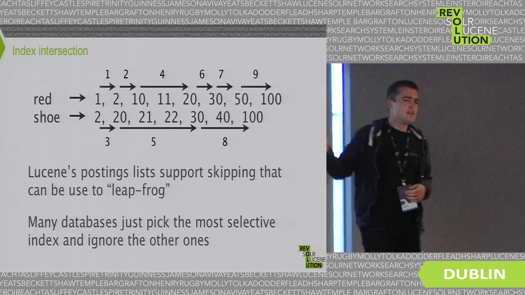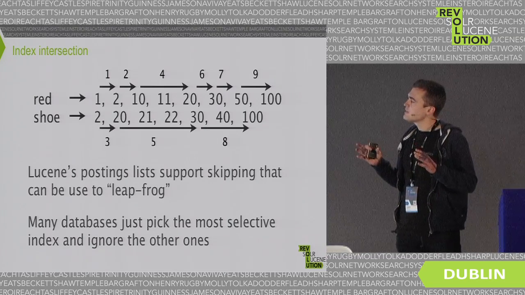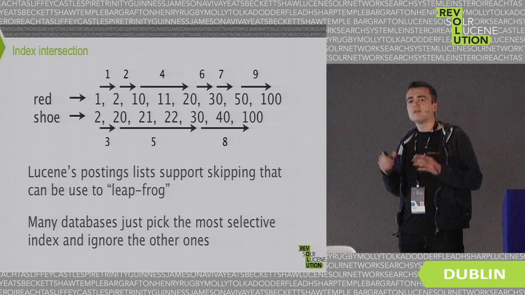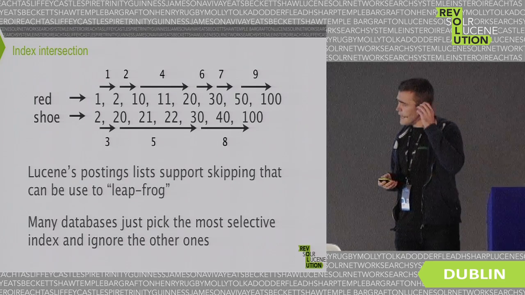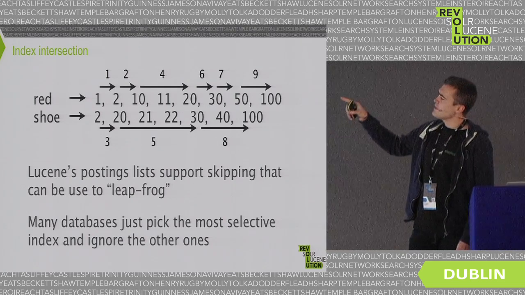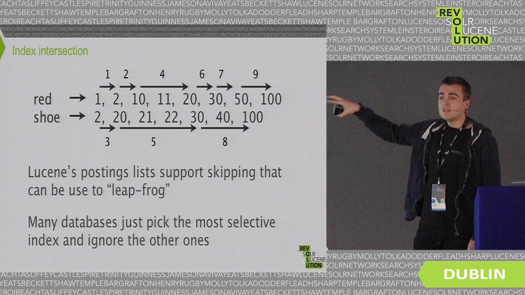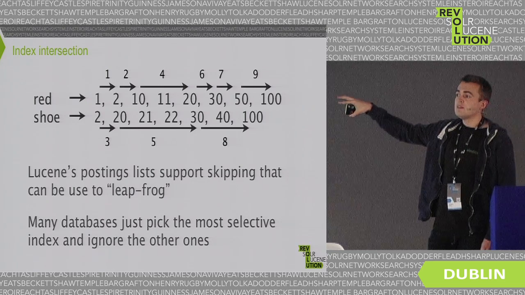In this example, the gains may seem not that big, but if you are thinking about very sparse posting lists that still contain tens of thousands of documents, this is a huge performance benefit. And something I didn't mention is that the way the posting lists are stored doesn't depend on which field they are indexed in.